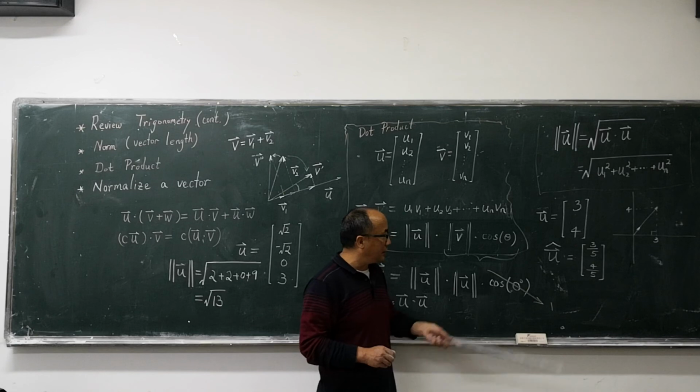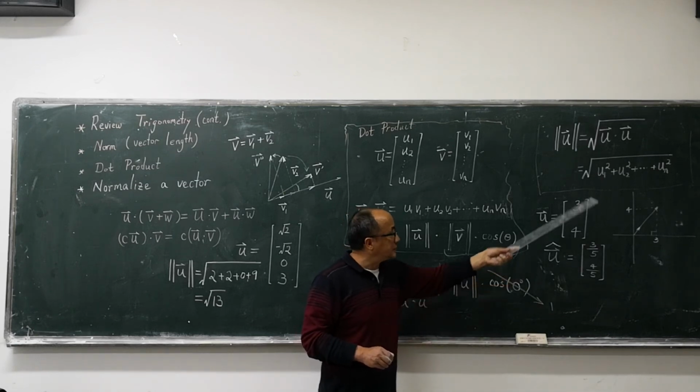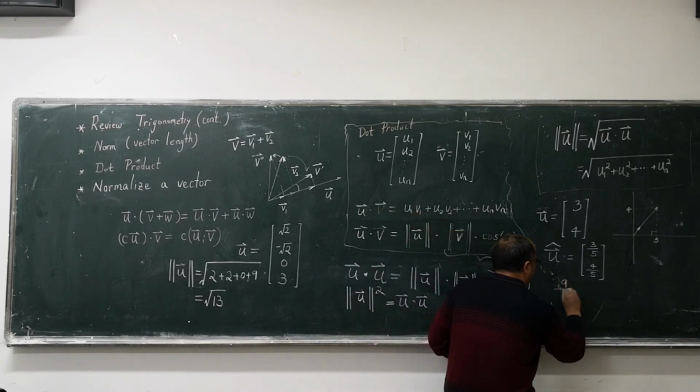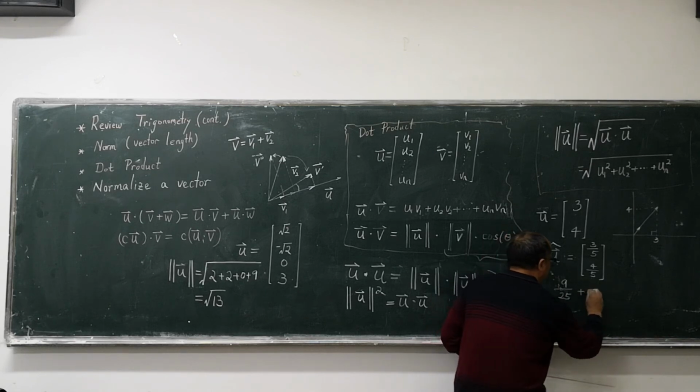You can verify it. This square is 9 over 25. And this square is 16 over 25.